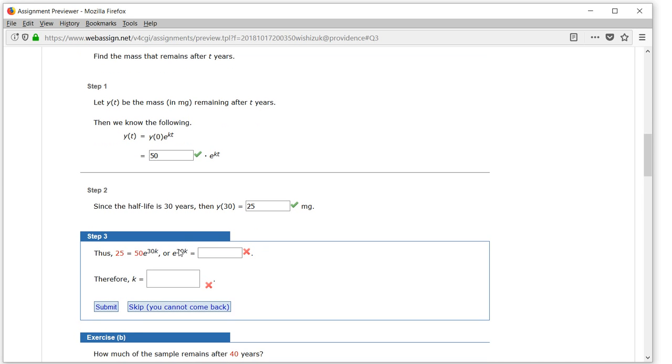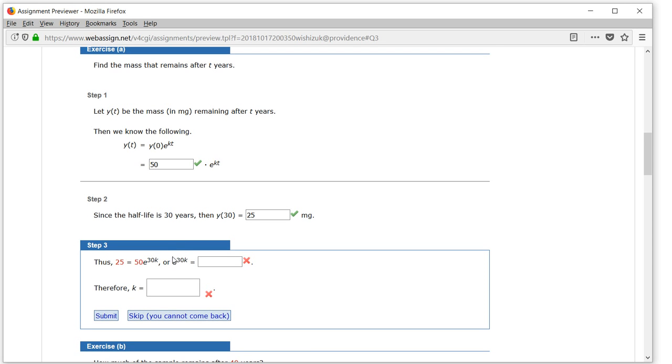We're using 25, so that's half of the original amount. This is after 30 years, so they put the 30. We want to solve for k, so divide through by 50. 25 over 50 would be 1/2, right?